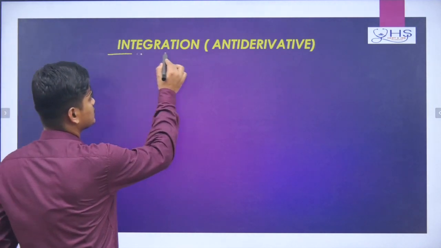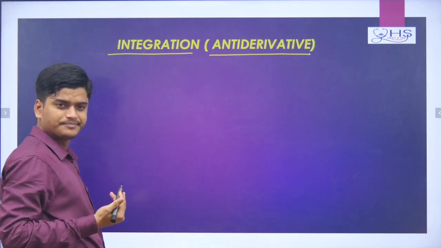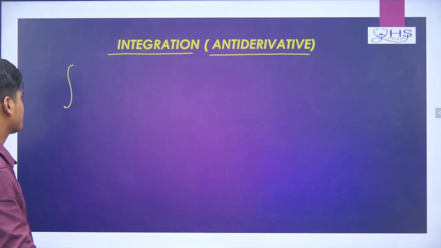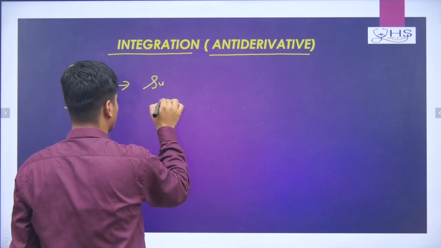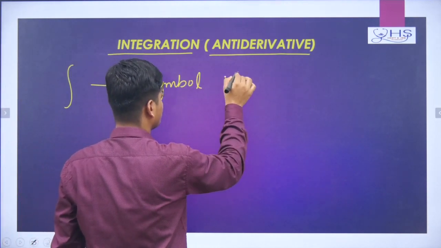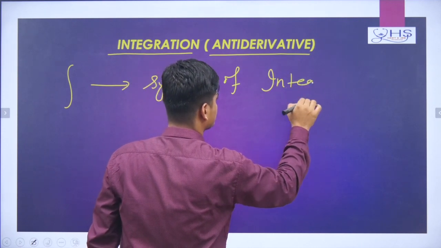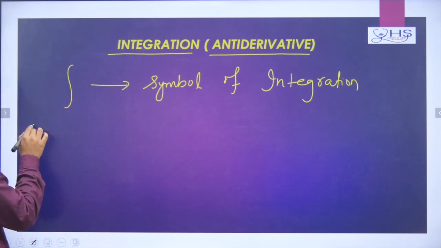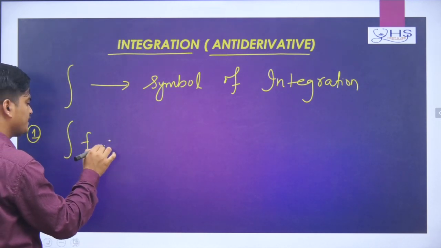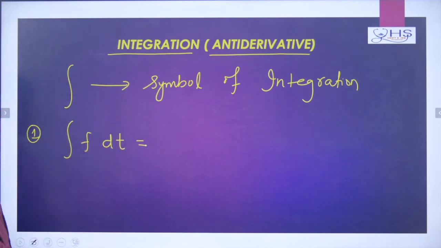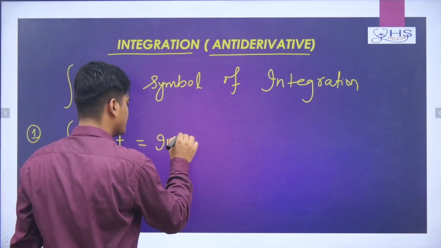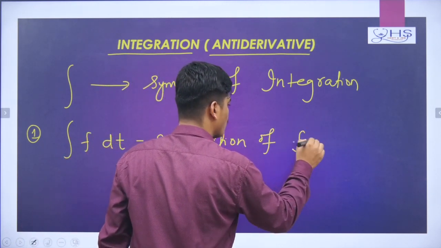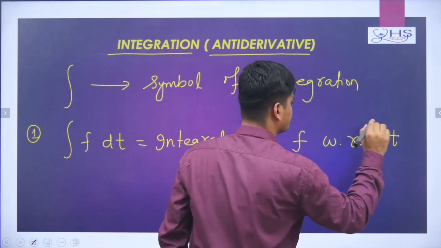Integration is also basically called the antiderivative. If I write this small snake-like structure, what is this called? This is called the symbol of integration. And if I write number 1, f dt in this format, I can call this integration of f with respect to t.